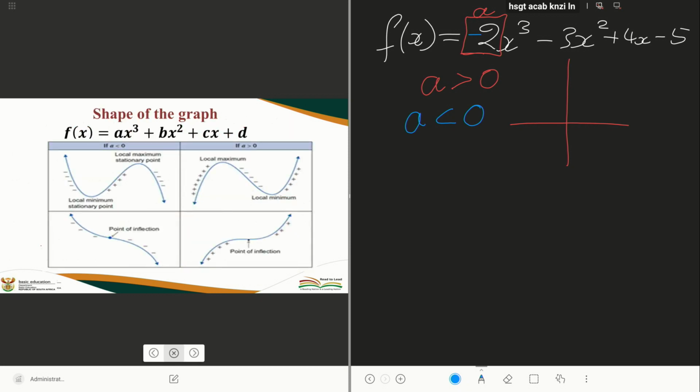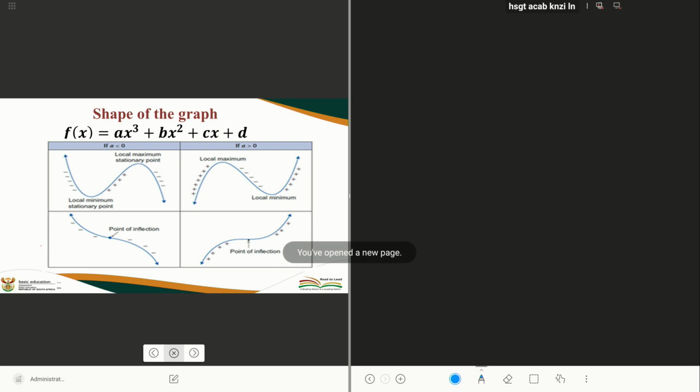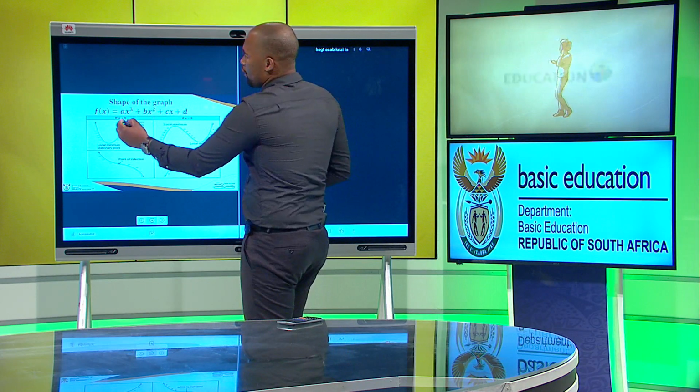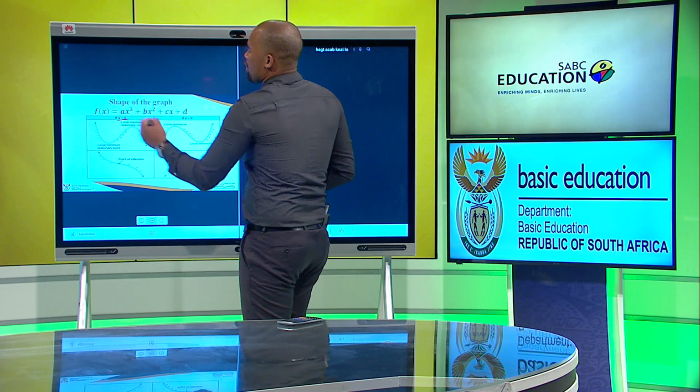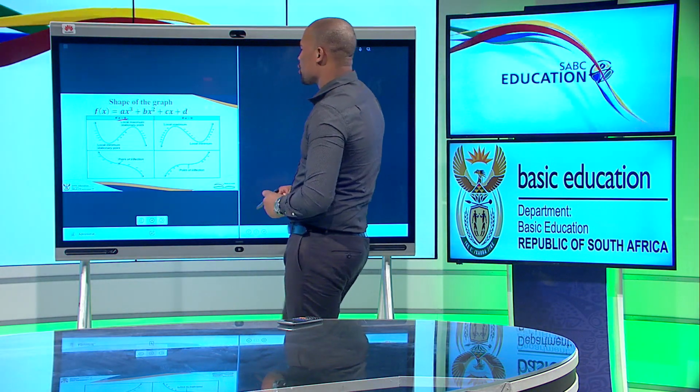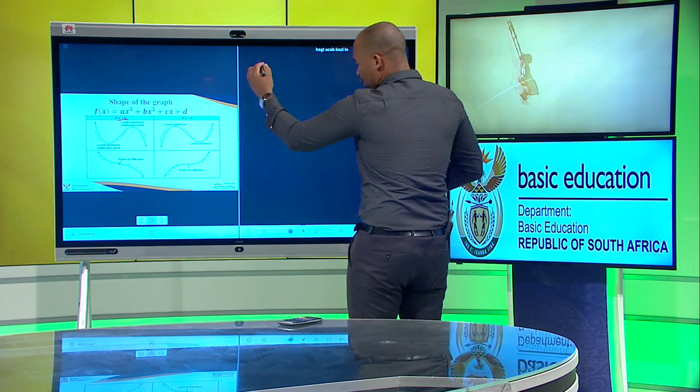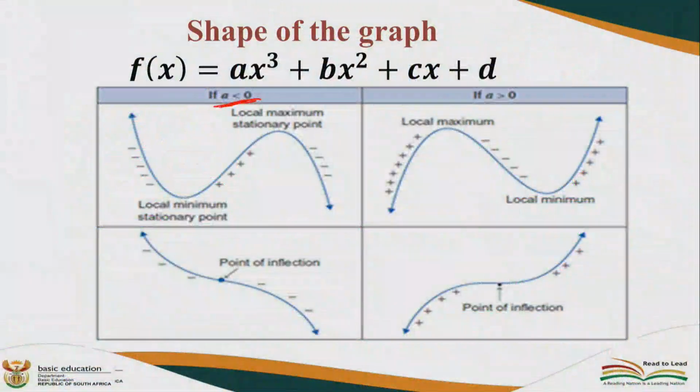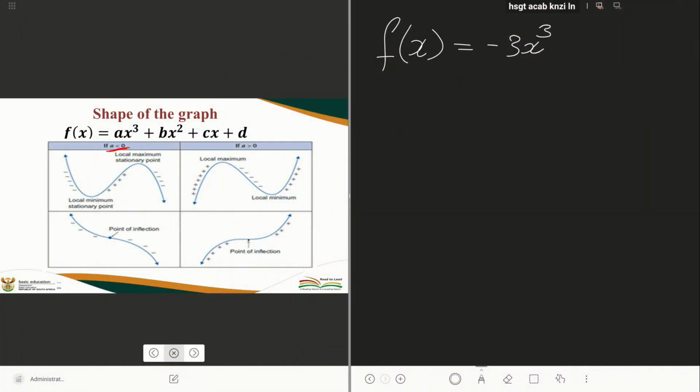Over here, I have some information about the value of a. The value of a here is less than 0. So it means you will see a graph like this: f of x is equal to negative, maybe, 3x cubed plus 2x squared.